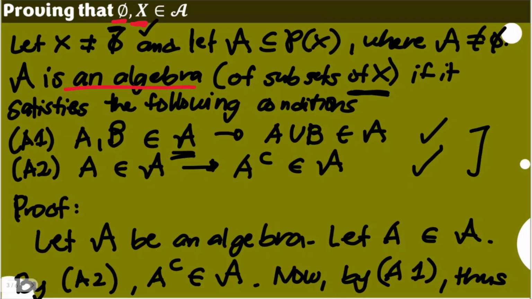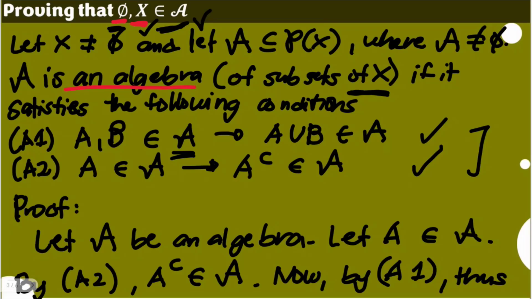And what does this tell us? It's called an implication of a definition. In the previous video, we were able to say that the finite intersection is also an element of script A. Now, this tells us that the empty set and the set itself are elements of script A, being an algebra. If you are to write an algebra of subsets of a certain set X, the set X itself and the empty set should always be elements of that algebra.